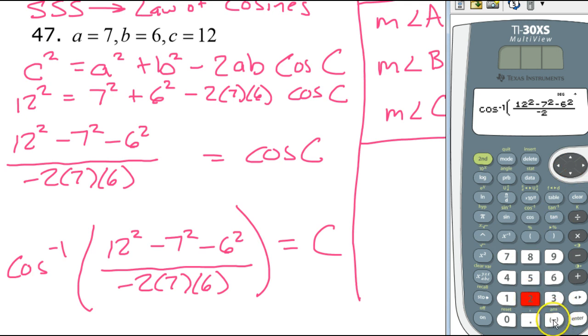Make sure you use the small negative sign at the bottom of the calculator. Times 7 times 6. All right, so the measure of angle C is 134.618.